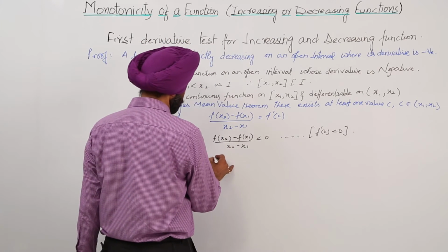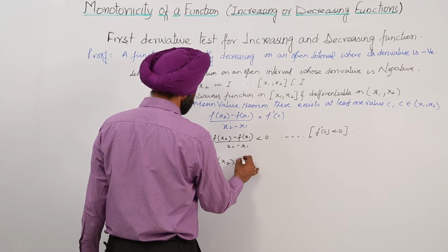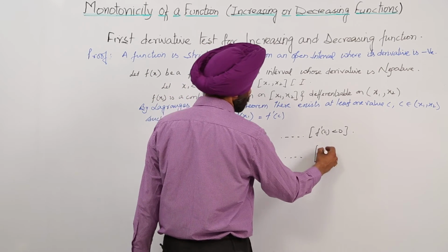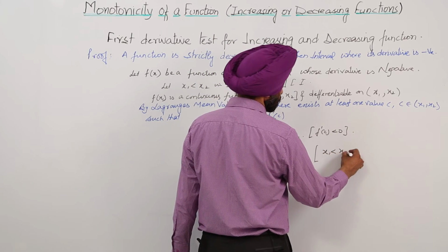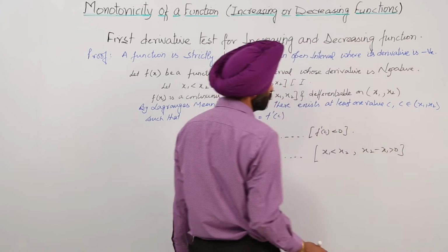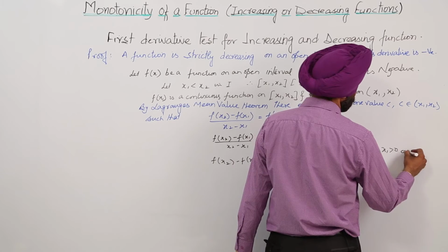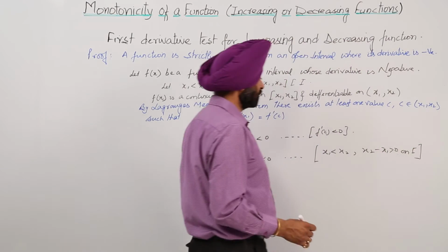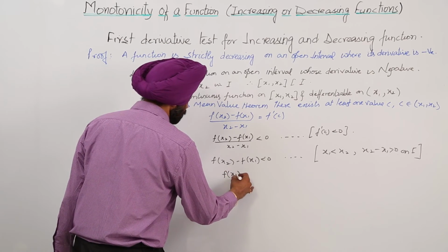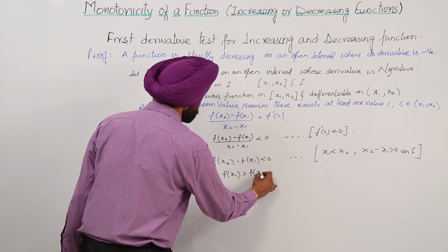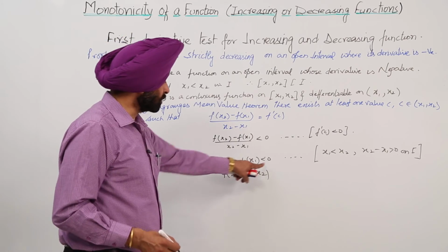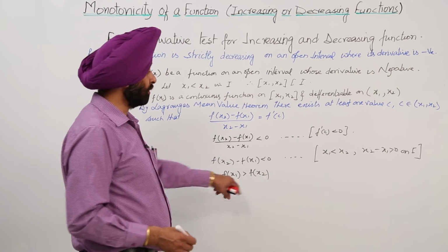Now to this part, what can we write? f(x2) minus f(x1) is less than 0, as we have x1 less than x2, and from this x2 minus x1 is greater than 0 on I, on the interval. So f(x1) is greater than f(x2).